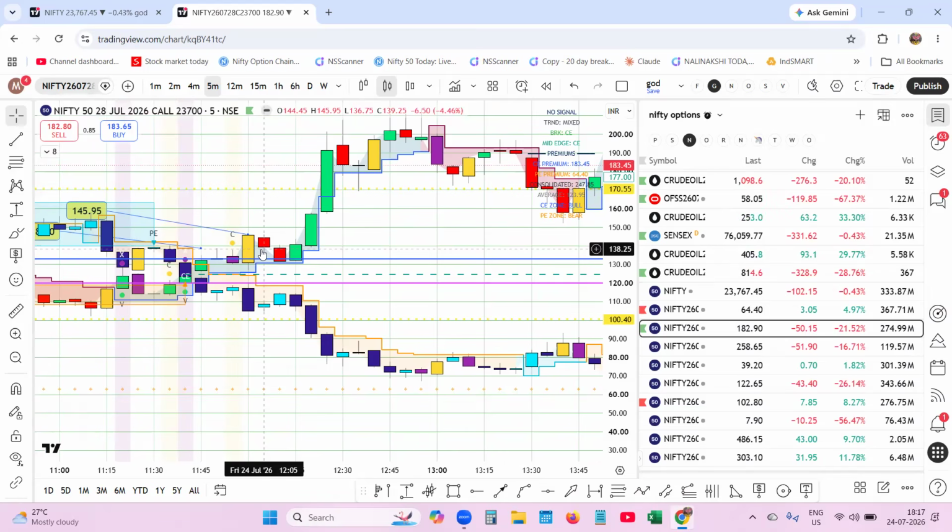Hack number 5 is the energy meter. The energy meter is one of my favorite tools. Most traders trade every moment. I trade only when energy is ready. This is low energy. Now I am going to trade the high energy. This itself is the high energy meter.